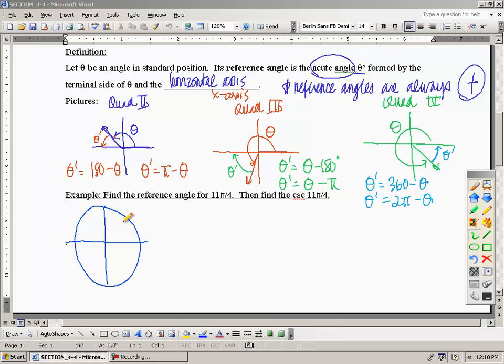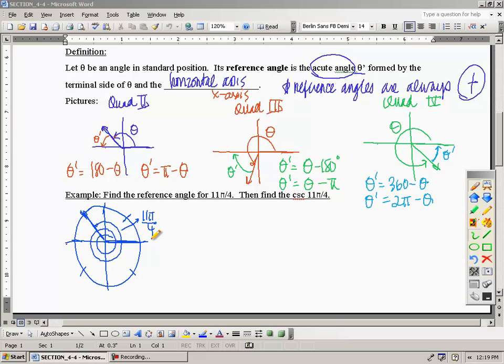So I'm going to count 1, 2, 3, 4, 5, 6, 7, 8, 9, 10, 11. This then, if I went a whole revolution around plus, this is 11 pi over 4. Okay? The only thing is I don't want to have to look at all of those revolutions.